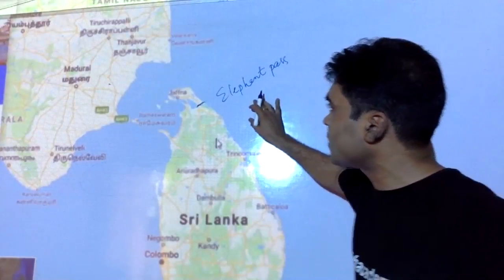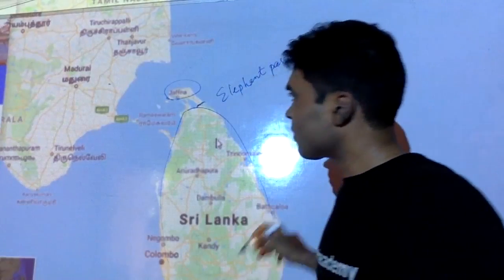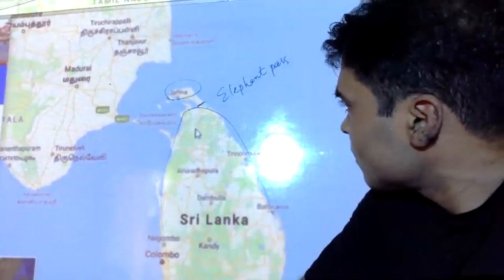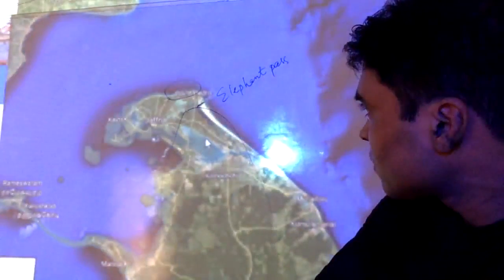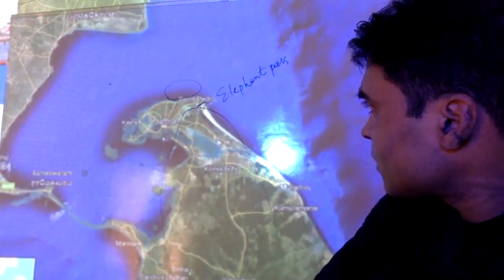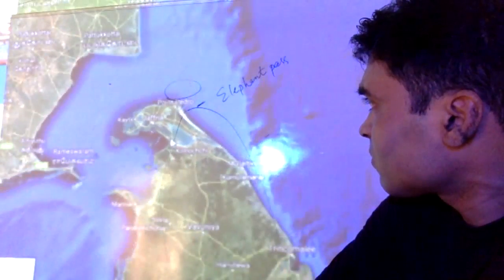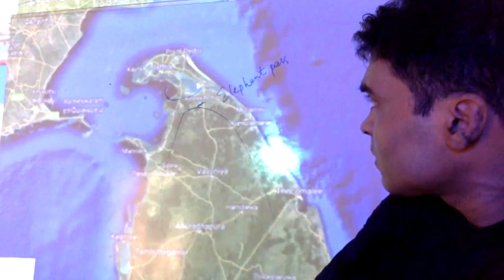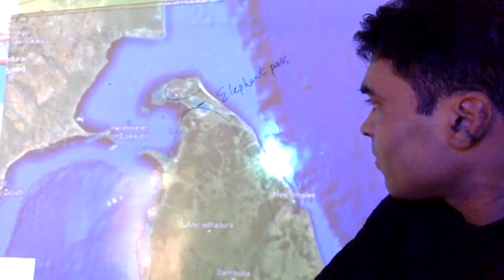Actually, Elephant Pass connects Jaffna Peninsula with Sri Lanka. Try to understand this point. First, see in the map. This is called Elephant Pass, right? This portion is Elephant Pass. This is Jaffna Peninsula, right? Water from three sides. And it is connected to mainland Sri Lanka by Elephant Pass.